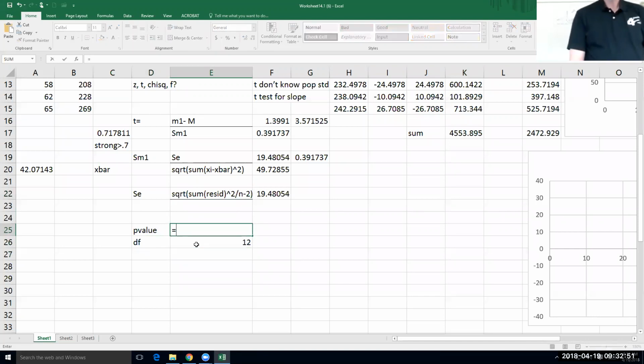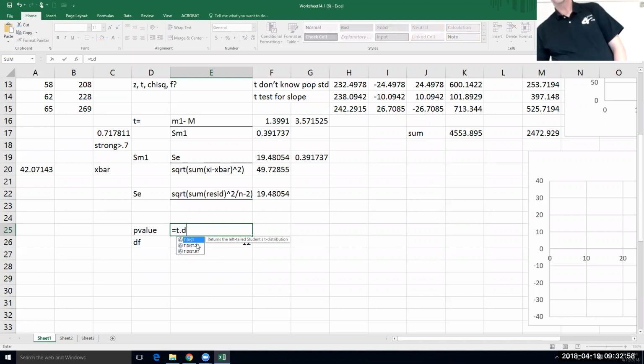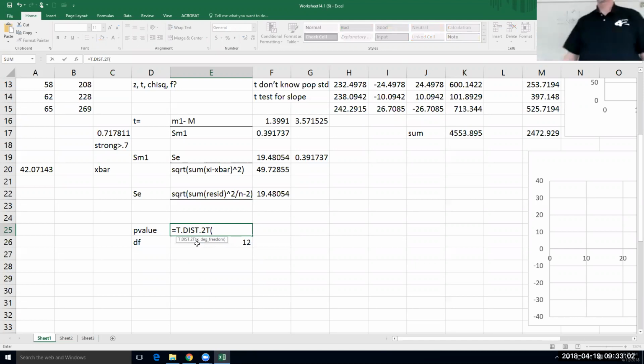My p-value is going to be t dot dist, which one? I'm doing a two-tailed test. My alternate is two-tailed. I actually should have shaded that side as well, right? So if I do two-tailed, what do I put in for x? 3.57, with 12 degrees of freedom, two-tailed test.